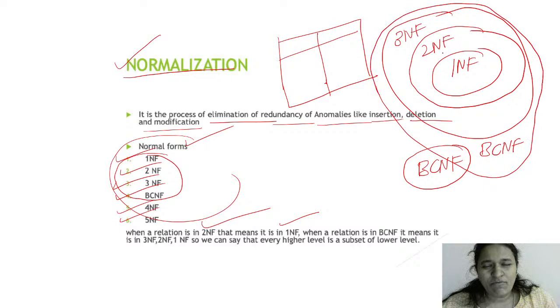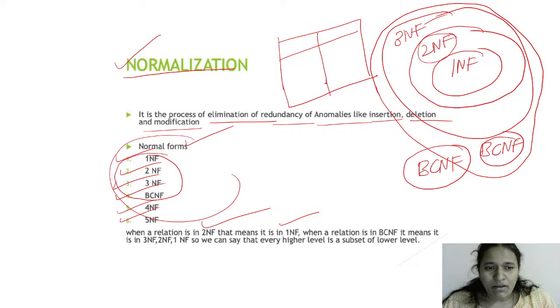If a relation is in 1NF, it may not be in 2NF. If a relation is in 2NF, it may or may not be in 3NF; we have to find. If a relation is in 3NF, it is in 2NF and 1NF, but in reverse it may not be possible. It may not be in BCNF, friends.